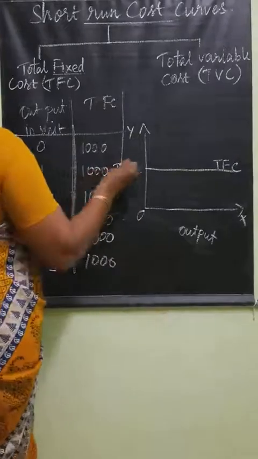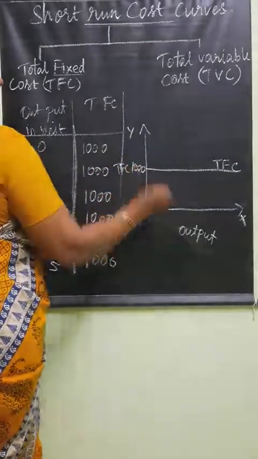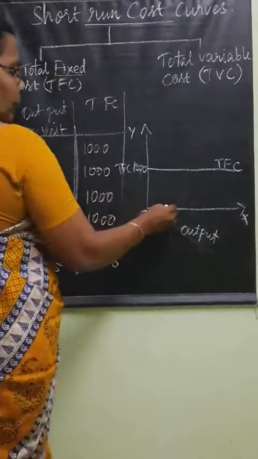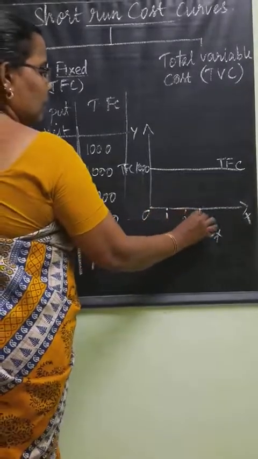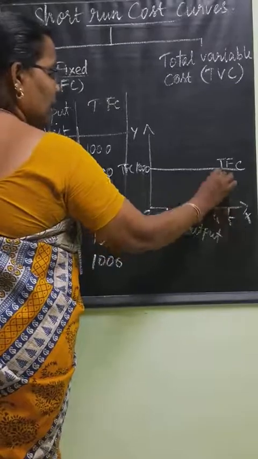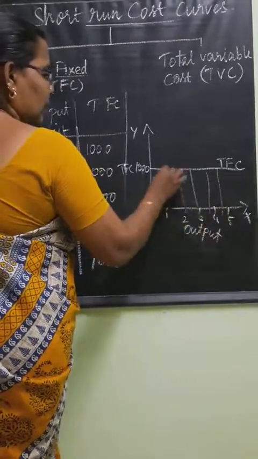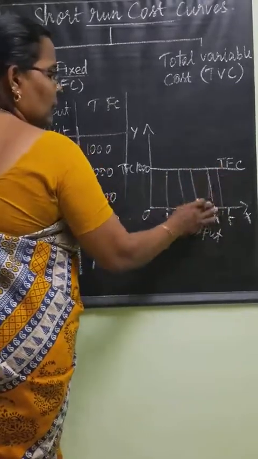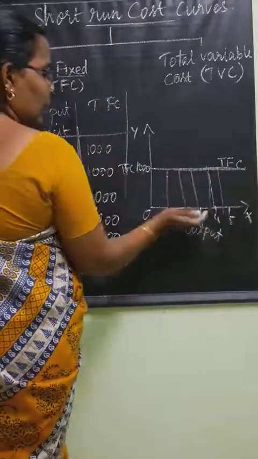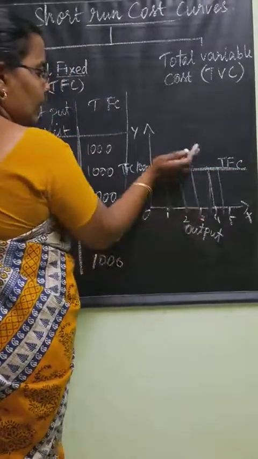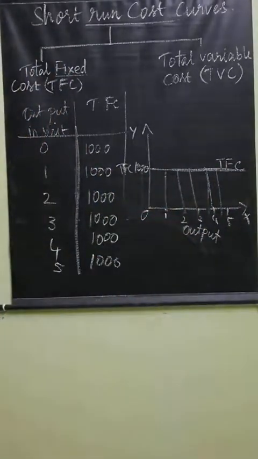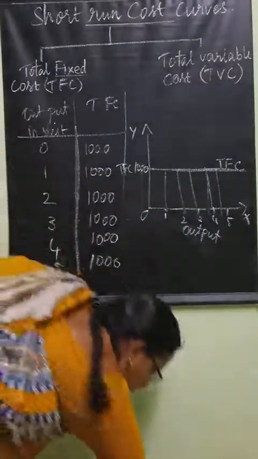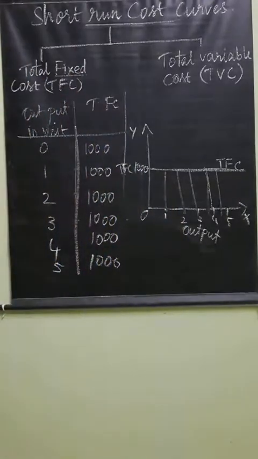Whatever the output, whether it is 0 or 1 or 2 or 3 or 4, whatever it may be, the fixed cost is 1000. It never changes. So it is parallel to the x-axis or horizontal. Total fixed cost is always horizontal.